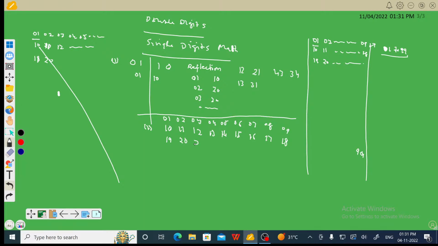Further, we will also see that if we reach from 11 to 22 and 33 and so on, then the upper part as well has a mirror line, and the numbers in the upper part around this mirror line as well are reflection pairs.